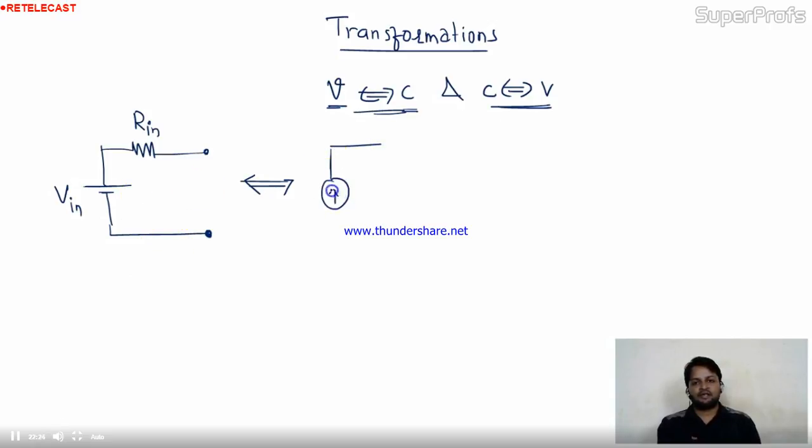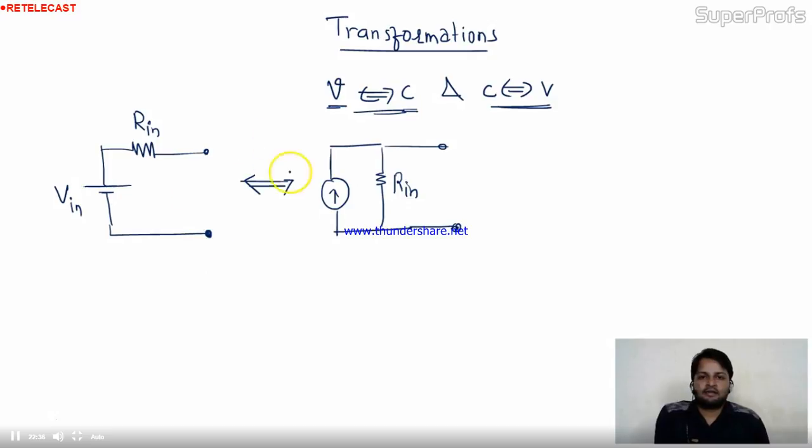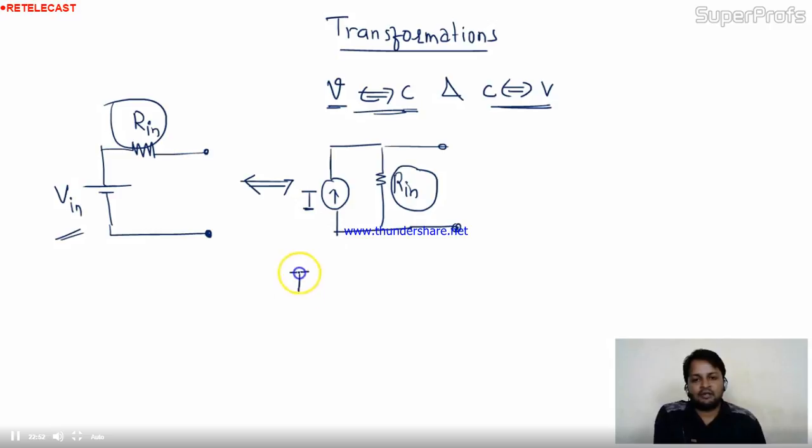What is the circuit for current? Always a parallel connected resistance will be there with the current source. This is the simple transformation. This voltage transformed into current. This Rin is given here. The same Rin is here in parallel with current I. But what is the value of this I? By Ohm's law, this I is nothing but Vin by R. Simple.